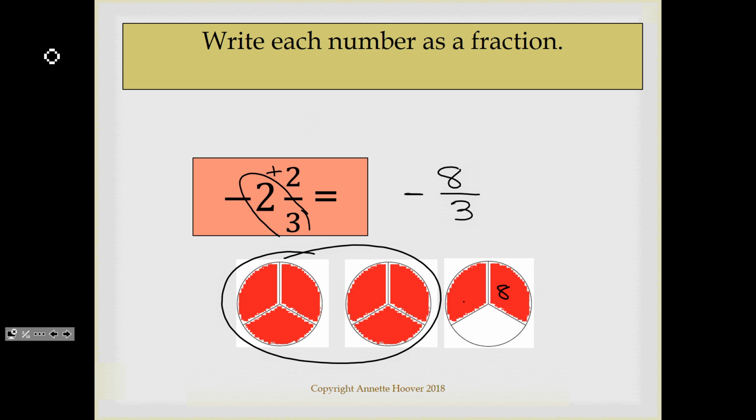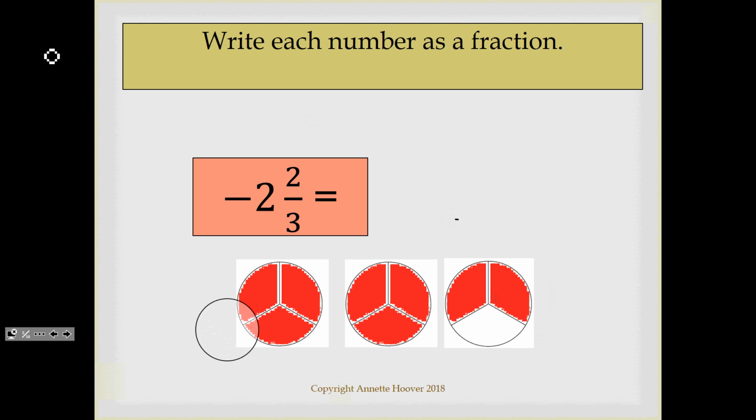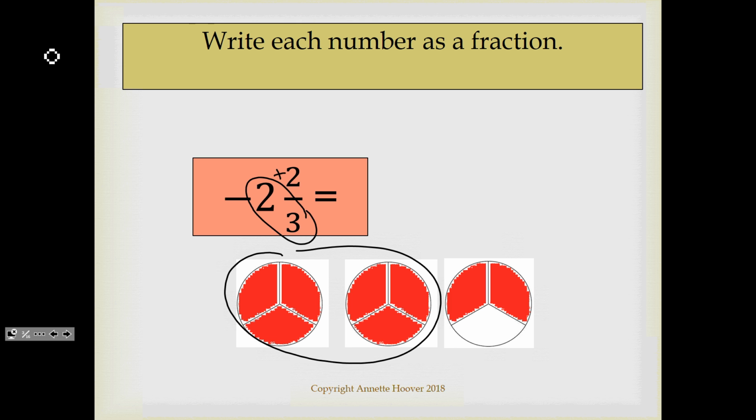Then you add the numerator, which is adding these 2 parts over here, and that gives you the 8. So the basic rule is, and the illustration I hope helps show you why this is true, you multiply the 3 times the 2, that gives us the 6, plus 2, which gives us the 8. We know it was negative and that it was divided into thirds.